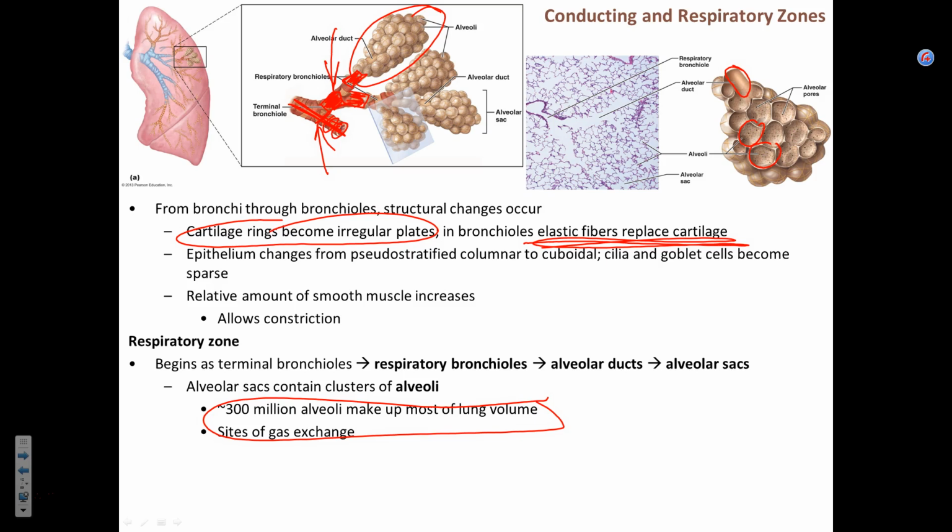And it will behave largely like a balloon. So far, we're clear about it. We're good. Alveoli are connected to each other. You can see a bunch of tiny little dots here. Those are alveolar pores.